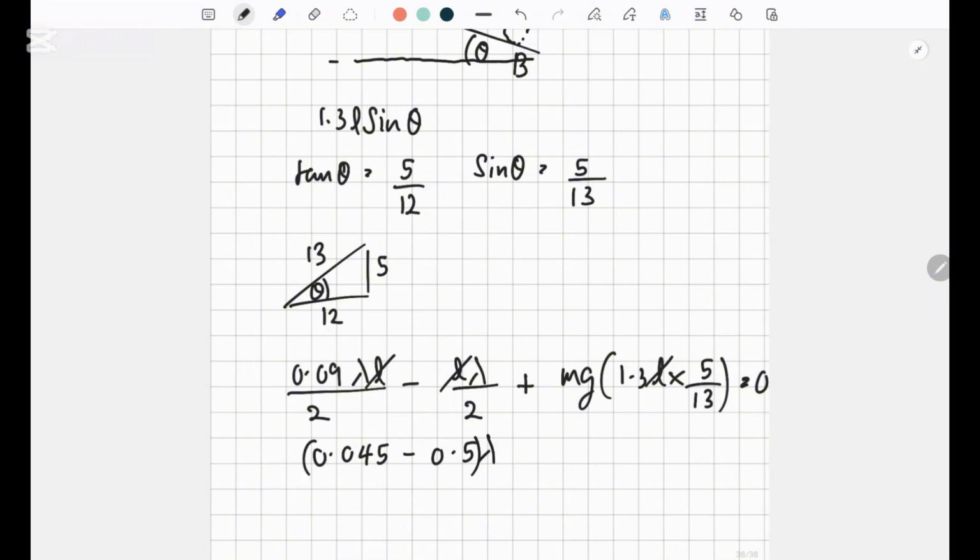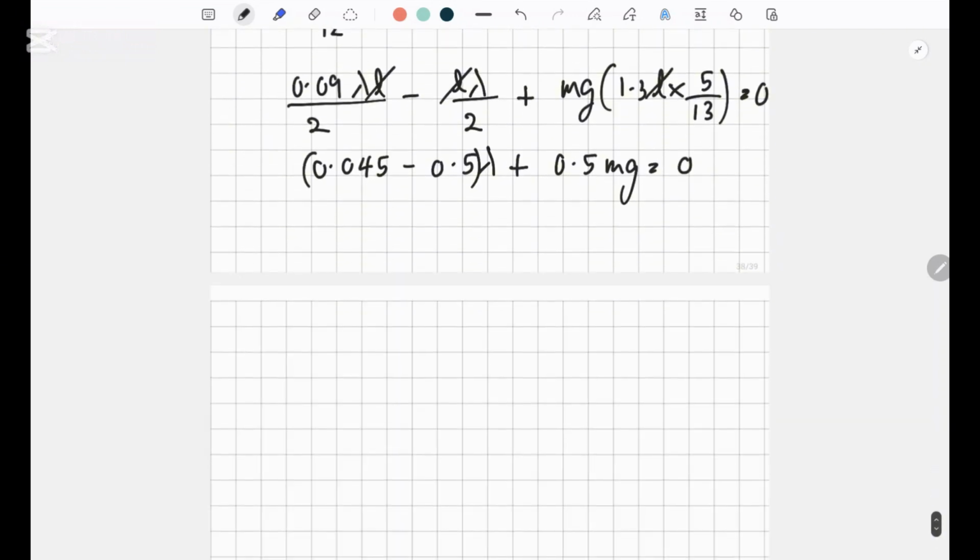I'll put them in brackets because you can take lambda out, plus 1.3 times 5 over 13, giving you 0.5 mg, equals 0. So lambda times 0.045 minus 0.5 is minus 0.455.